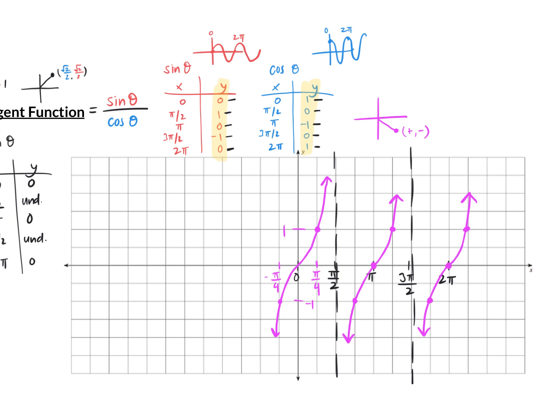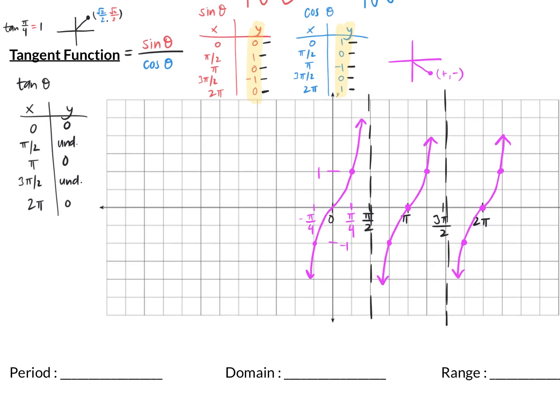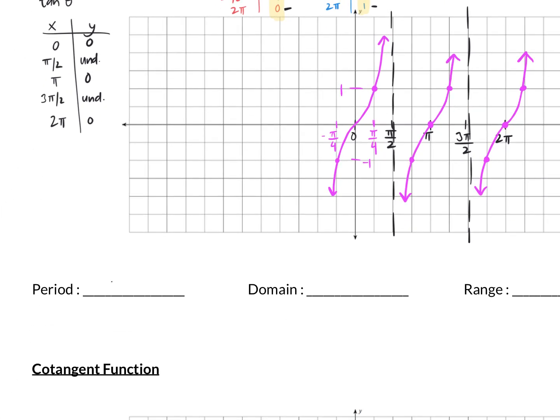So your length for your period for tangent is going to be just a length of pi, okay? Because remember, your period is how often it repeats, right? It repeats every pi amount.